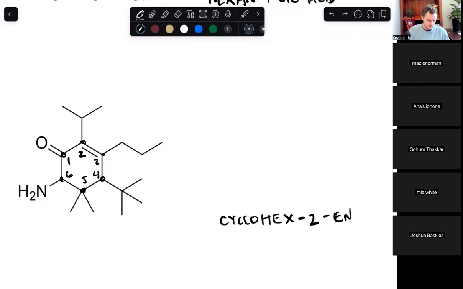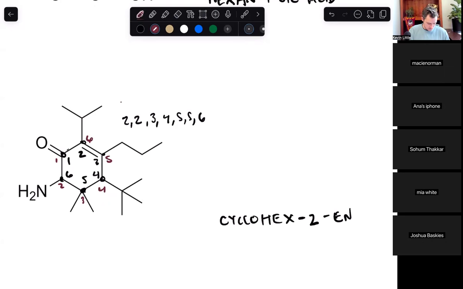So I can sit here and say, if we do black, I have a group at two, a group at two, a group at three, a group at four, two groups at five, and a group at six. If I instead went one, two, three, four, five, six, if I went this way, let's see.